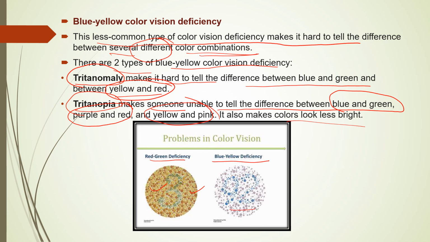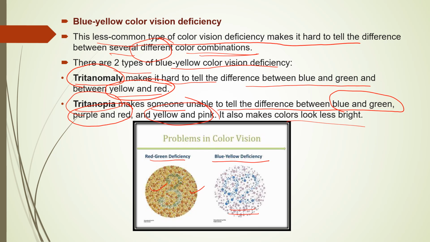So, if this is 92, they won't be able to make out what number is written inside that purple color. Purple and red they don't know, blue and green they can't differentiate, and yellow and pink also they can't differentiate. So this is how they will look at the colorful objects in their way.